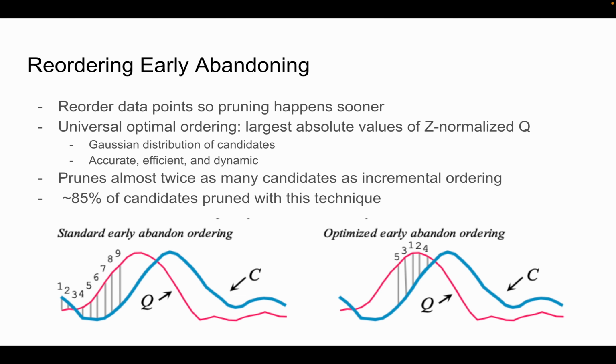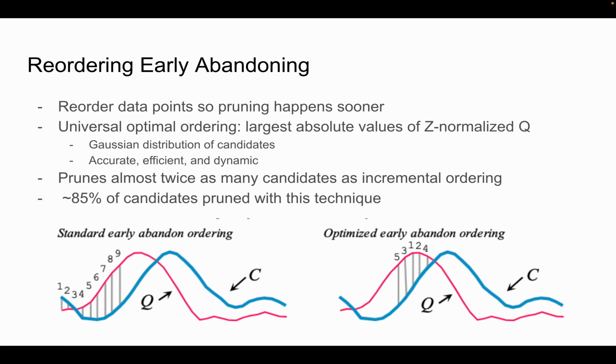To show the effect of this optimization, the new optimal ordering can be compared to the incremental ordering with the early abandoning techniques. Without reordering, the sum would exceed the best so far after 9 of the 32 calculations. With the optimal ordering, the sum exceeds the best so far after just 5 of the 32 calculations.